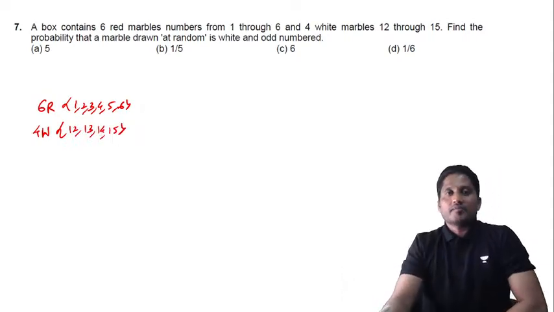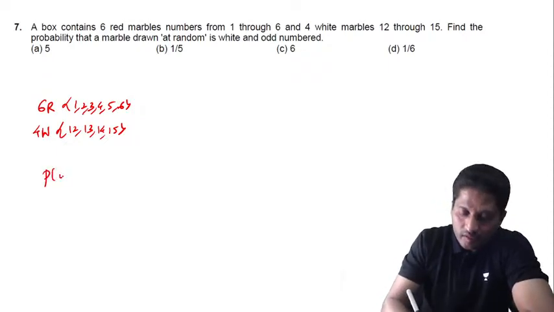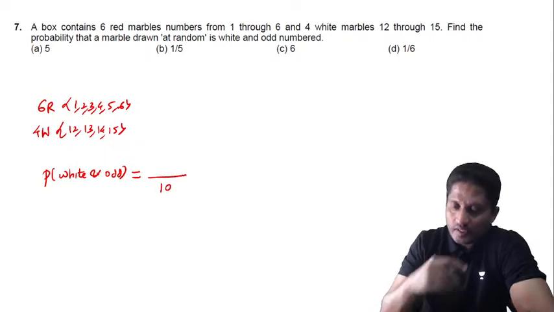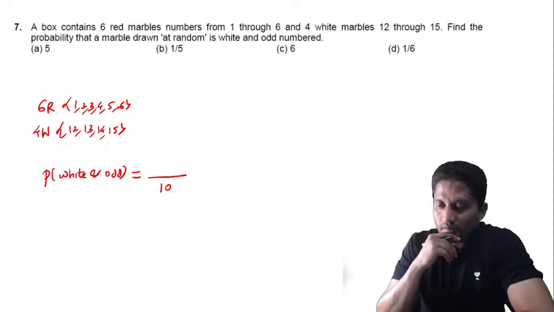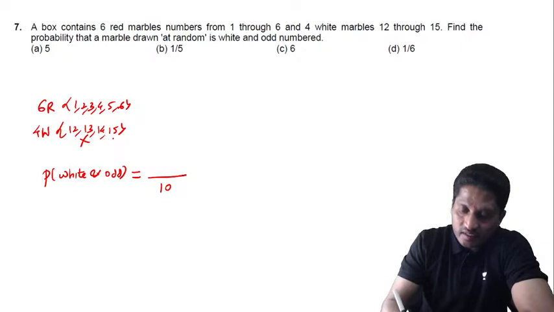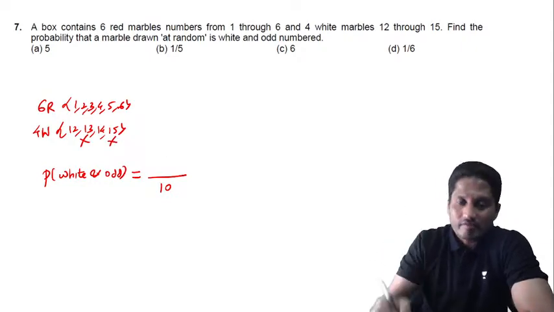Find the probability that a marble drawn at random is white and odd number. Total how many are there? 6 plus 4 is 10, total 10 are there. Probability of drawing a white marble and odd numbered. White and odd is 13 and 15. It should be white, it should be odd.